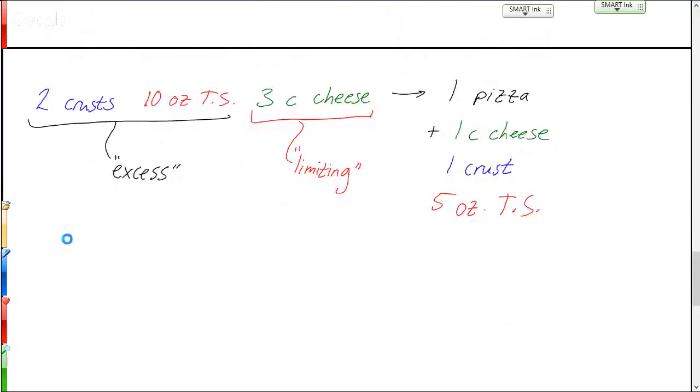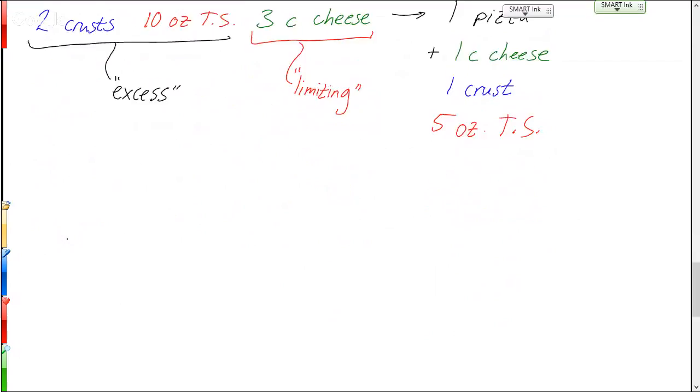Okay. So you all kind of just did that in your head and didn't have too much trouble with it. Let's turn that into a chemical reaction, see if you can do the same thing. So let's use a reaction with slightly more complicated numbers here, so that it's not quite as obvious from just looking at it. So we're going to combust some octane, which is the major component of gasoline, C8H18.